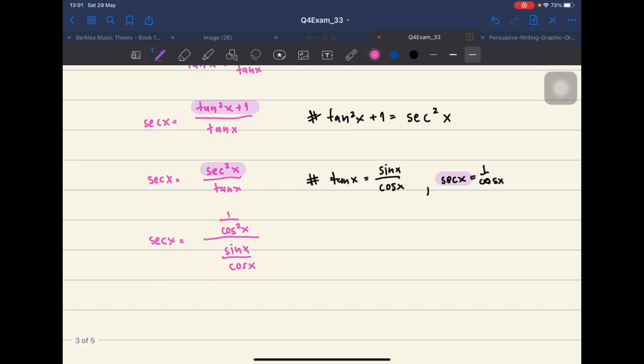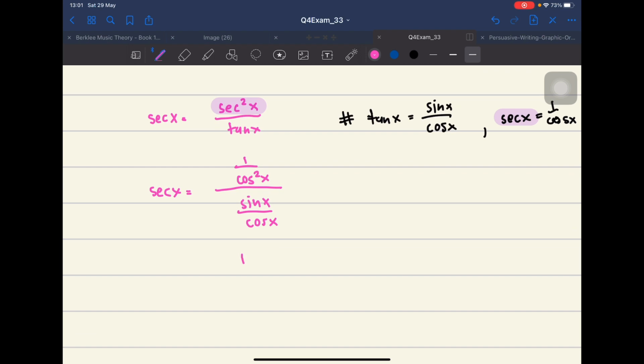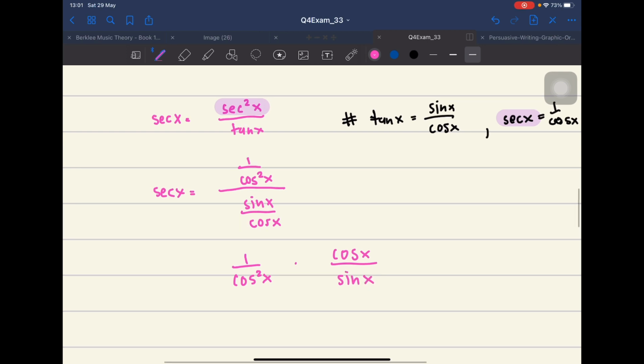So for the division, I'm going to switch it up to multiplication. So switch to cos over sine x here.